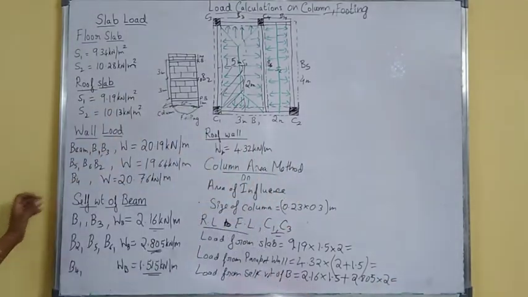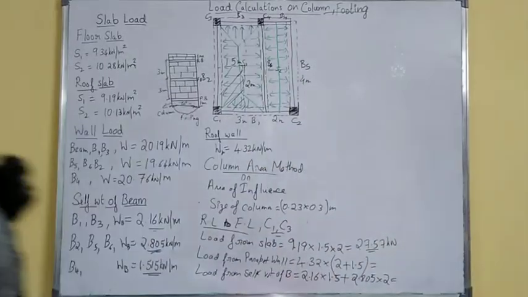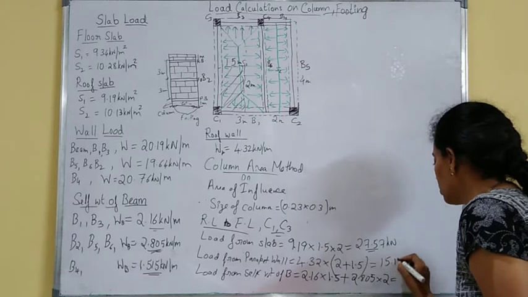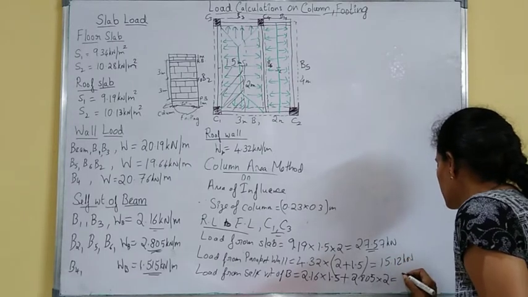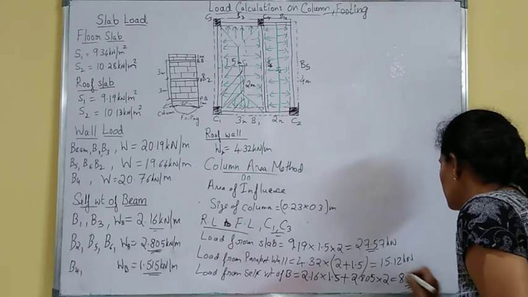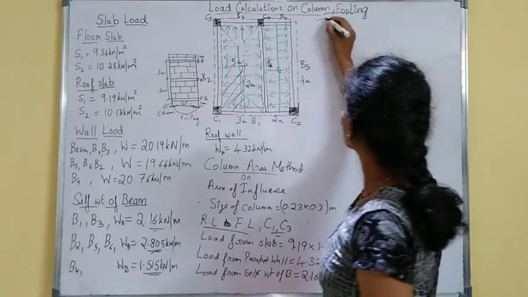Okay, just calculate and get the value in kilonewton. Parapet wall 15.12, 8.85. Okay, next calculate and get the total.